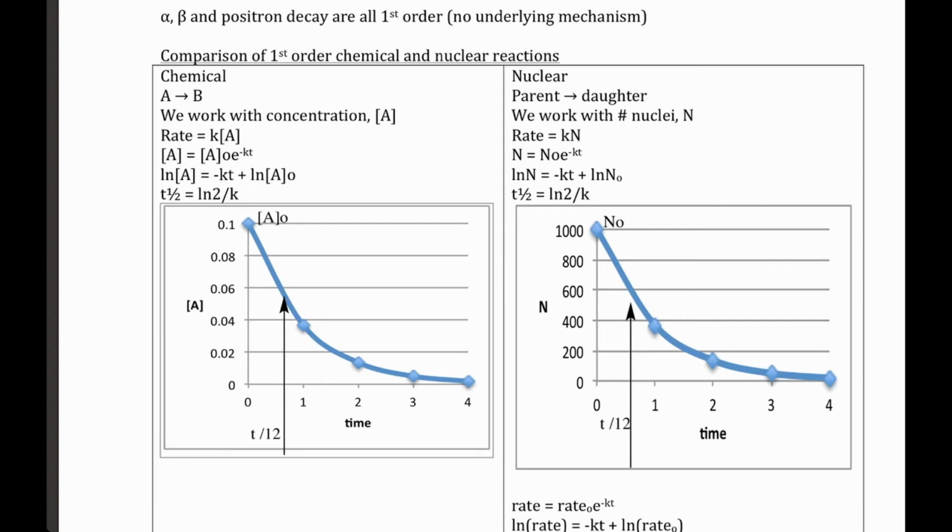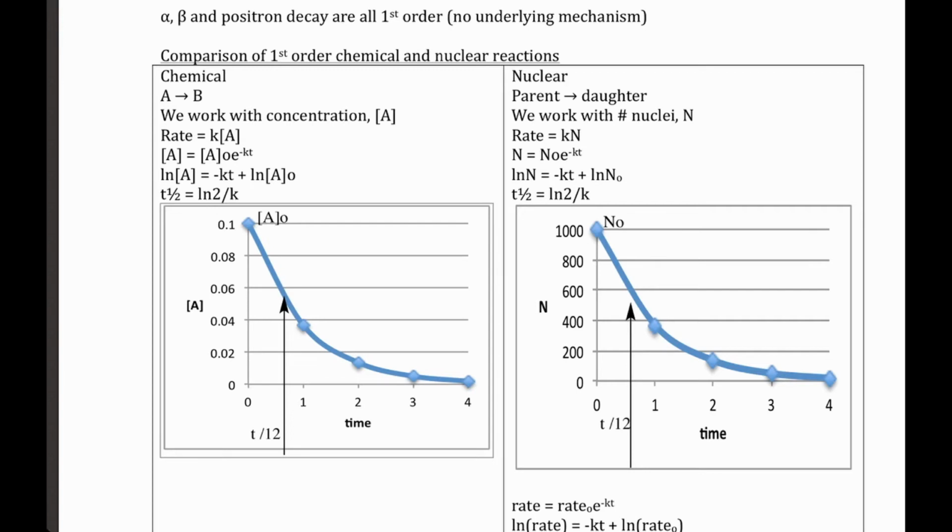Or we could say concentration versus time, the concentration is equal to A naught, the original concentration of A, times e to the minus kt. If we wanted to plot the linear form of it, we would have ln of A equals minus kt plus ln of A naught. The half-life for that first order reaction is ln of 2 over k. Remember, k is the rate constant.